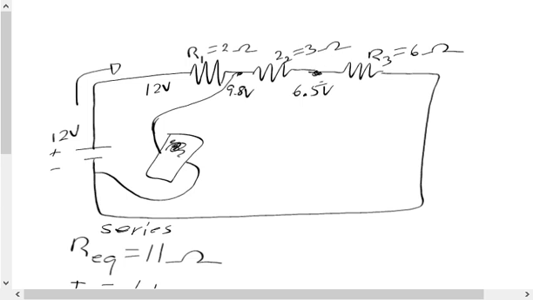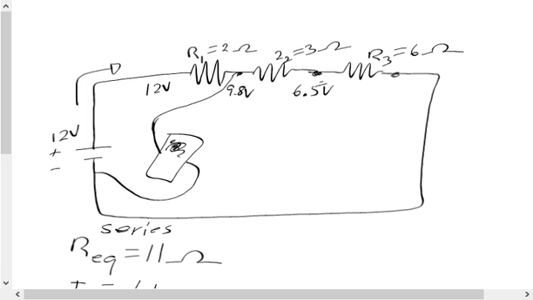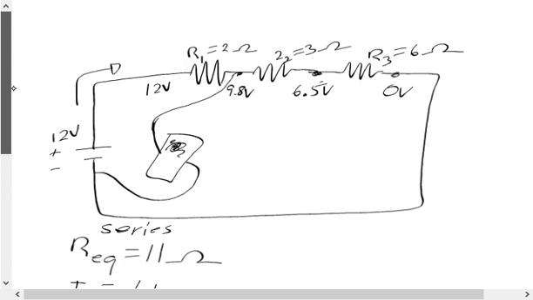And then, since this is my last resistor, I know that this is going to read 0 volts. Of course, it drops the 6.6 volts, with a little bit of rounding going on there, so it drops approximately 6.5 or about 6.6 volts to get me down to 0.